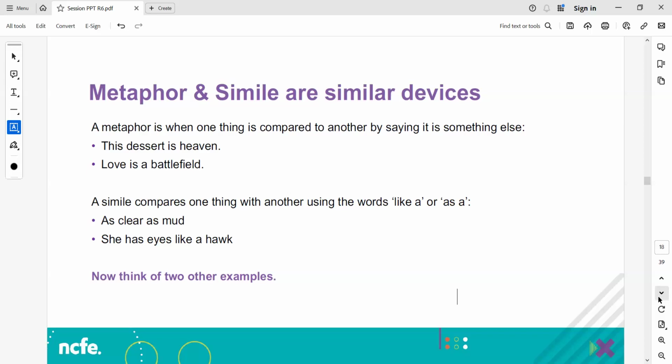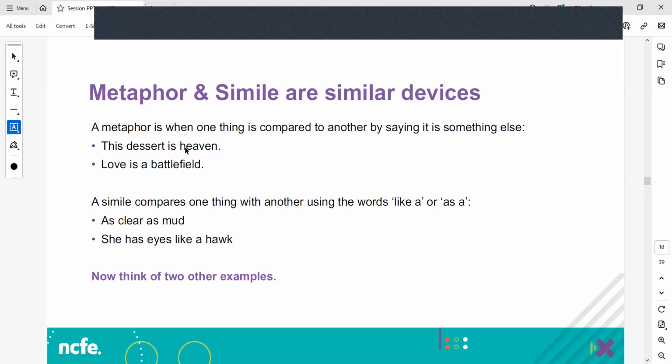A metaphor is where one thing is compared to another by saying it is something else. So, for example, this dessert is heaven. Love is a battlefield. So the word like is not featured.